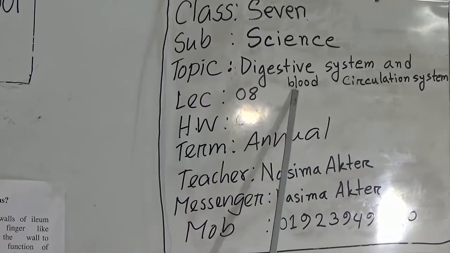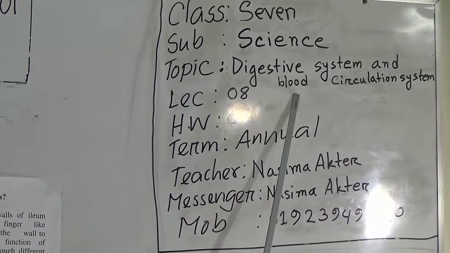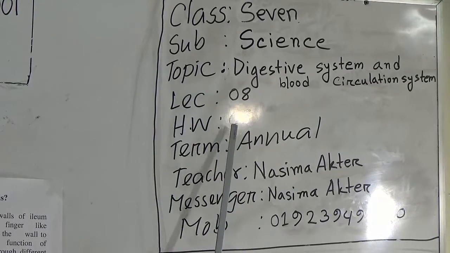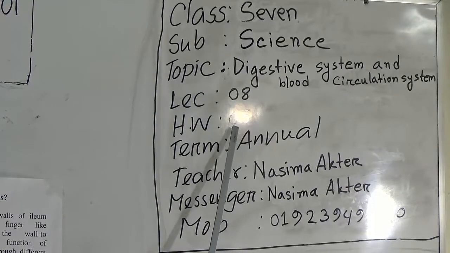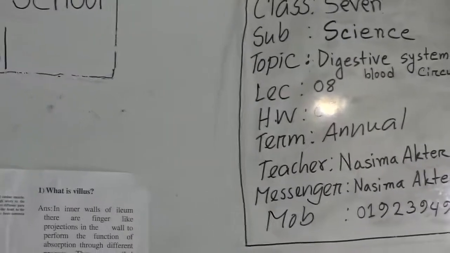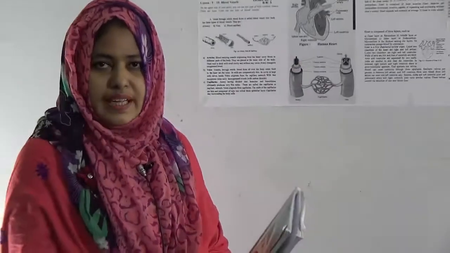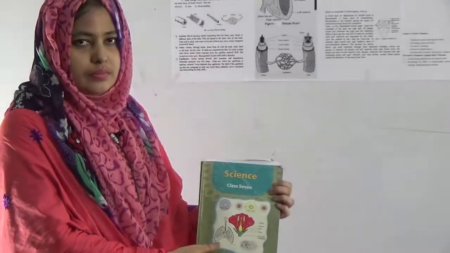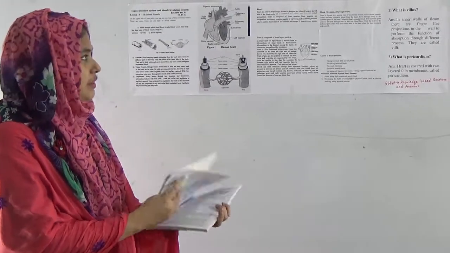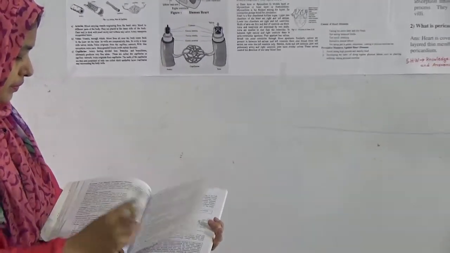Today we will discuss another part of this chapter, and this is lecture number 8, and I will give you some SW. Our SW will be SW number 5. And this is your science book, and this is chapter 5 in your book.